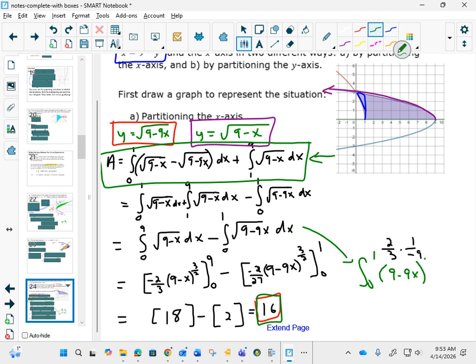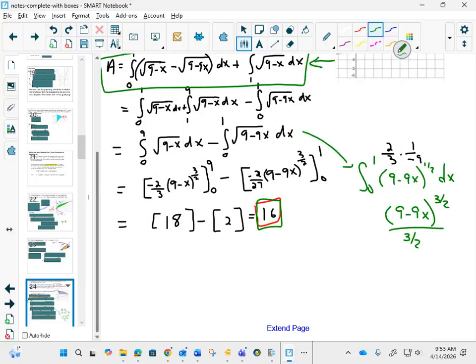Personally, if I was doing this integral, I would have first changed this. This is how I like to show work. I would change that to the half. I like to show that. I'd add 1 to the exponent. And I like dividing by the same exponent instead of doing the flip right away. What also does this one have? This one has a chain rule where, if I was doing the derivative, I would multiply by -9.